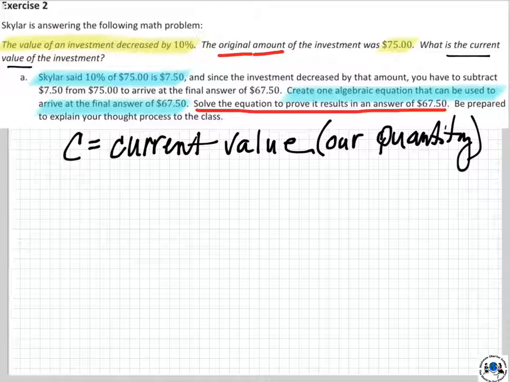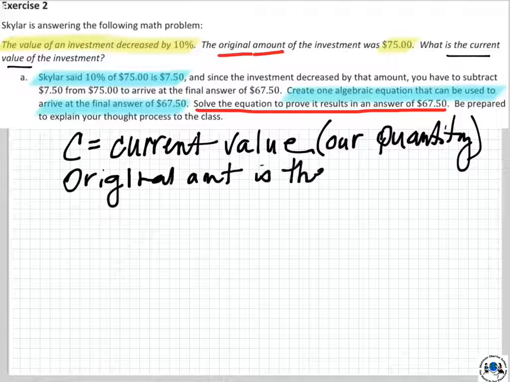We're going to change that to C just because it's the current value, the actual value after the decrease. Because like I had said, that quantity number could either be the amount of the decrease or the amount of the increase, or it could be the amount after the increase or after the decrease. So it could be one or the other.